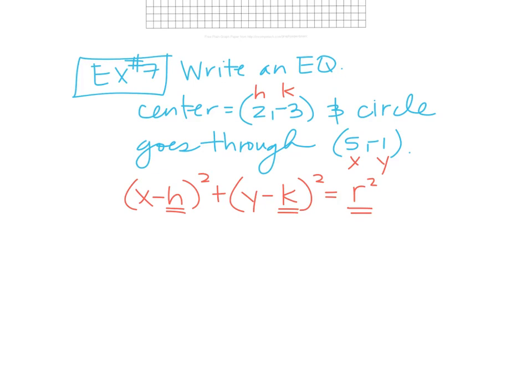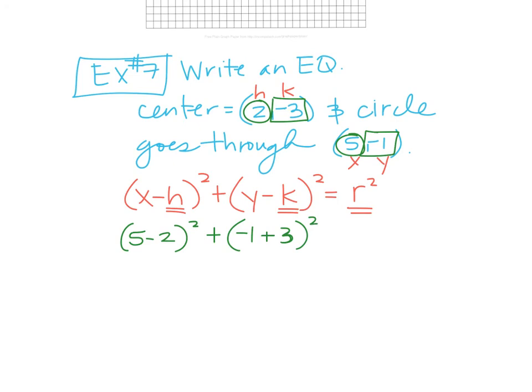I'm gonna plug in these numbers. So X minus H, 5 minus 2 squared, and then Y, so -1, minus K, which is a -3, minus a -3 would be plus a +3 squared equals R squared. Okay, now if you want to, you can plug that into your calculator.